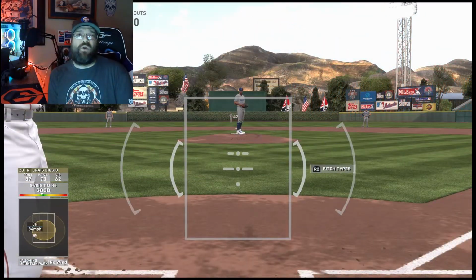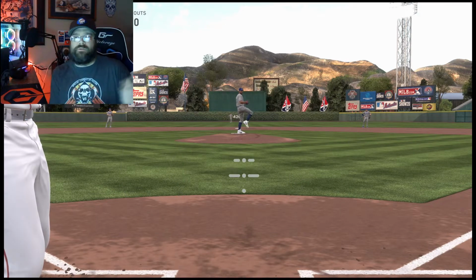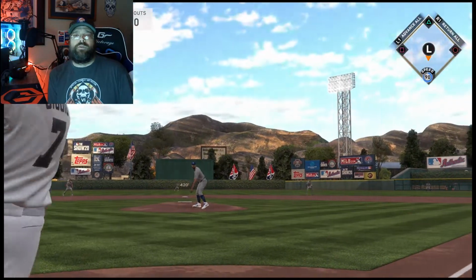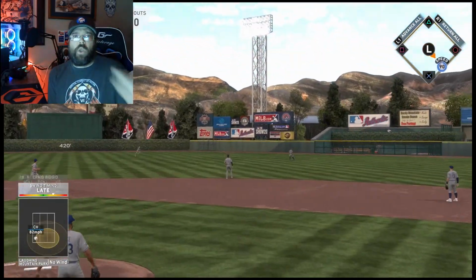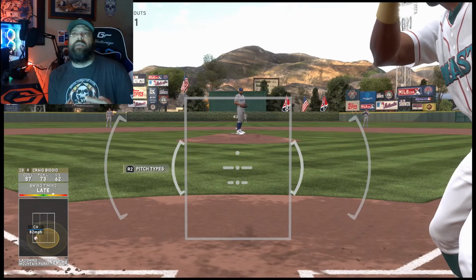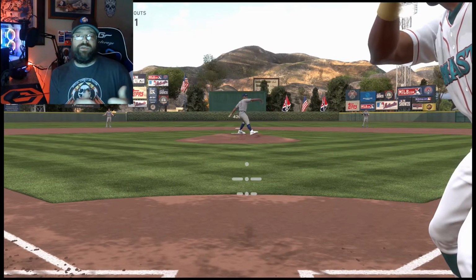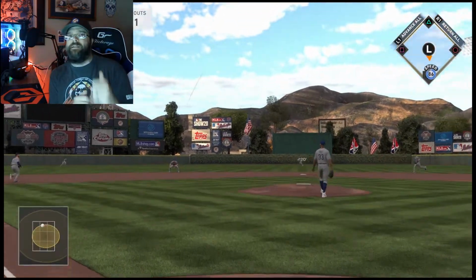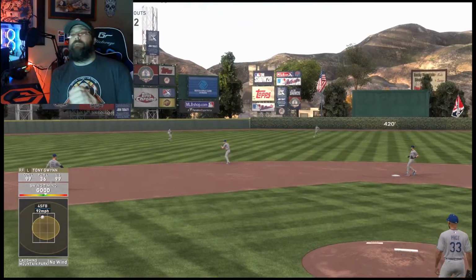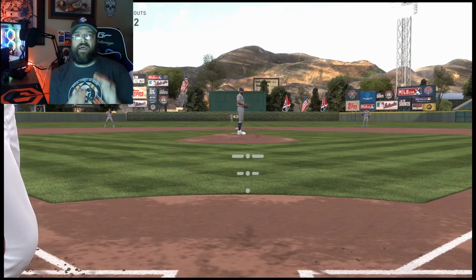If you don't want to mess with your timing on pitch speeds or whatever, then turn up the pitch speeds or whatever with your sliders. But go in and just practice and try to find that optimal launch angle for you and your swing and how you control your joystick. Because I think everybody's going to be just a little bit different on the feel for it. But it could be a game changer for you if you can kind of get that sweet spot down.